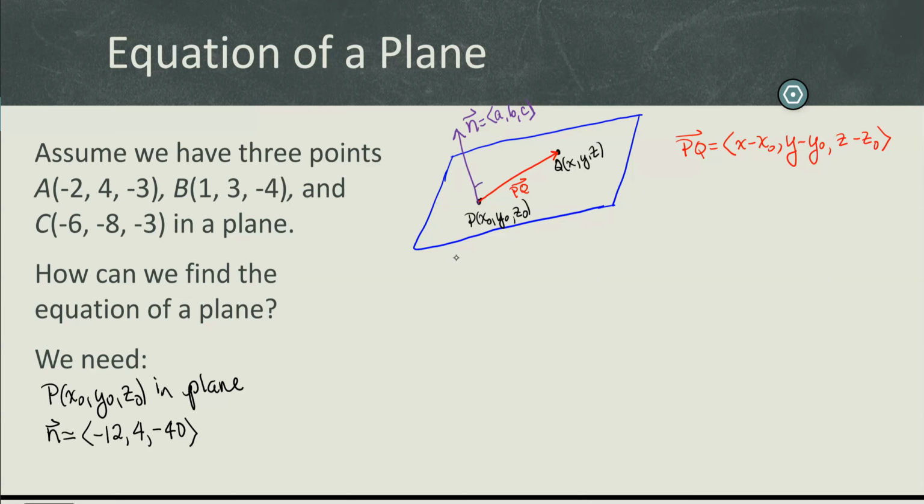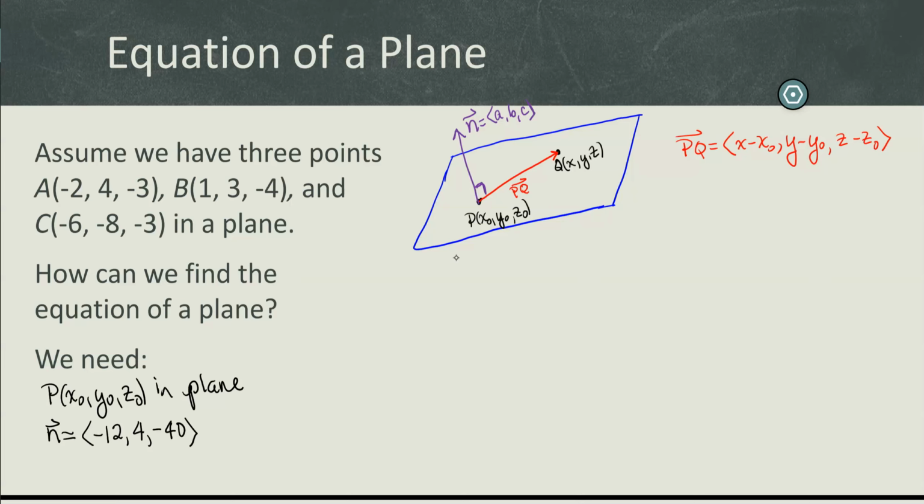And we know that those two vectors are perpendicular, or form a right angle. So what do we know about the dot product of two vectors that are orthogonal? Well, we know that their dot product is 0.